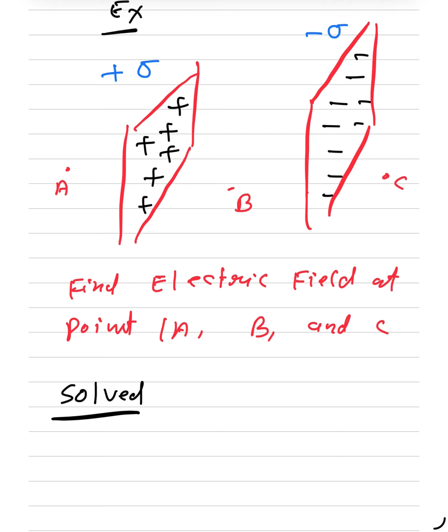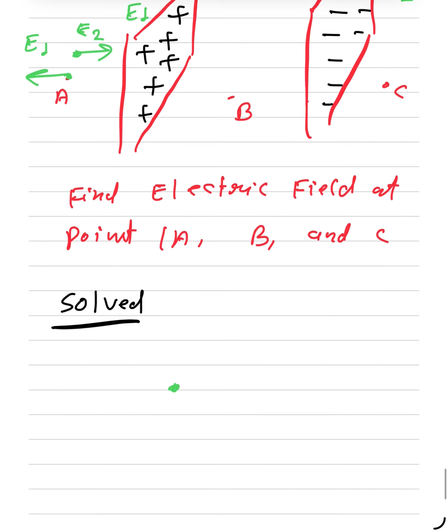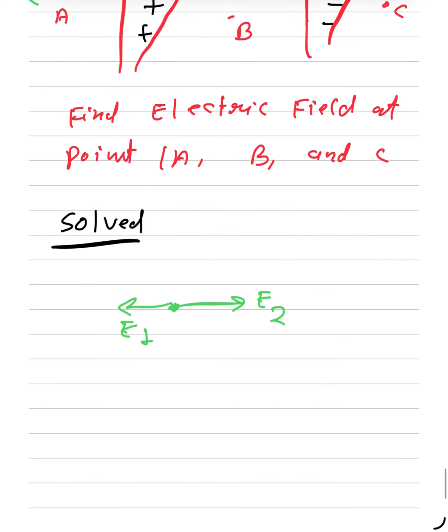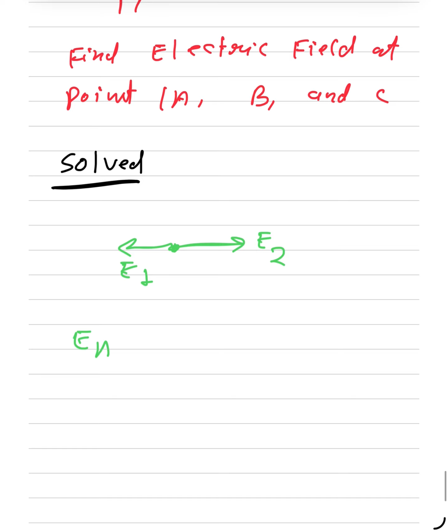For point A, the direction of the electric field due to this plate is E1 and due to this plate is E2. At point A, E1 due to the positive charge acts along this direction, and E2 due to the negative charge plate acts along this direction, just opposite to E1. The net electric field EA equals E1 minus E2.